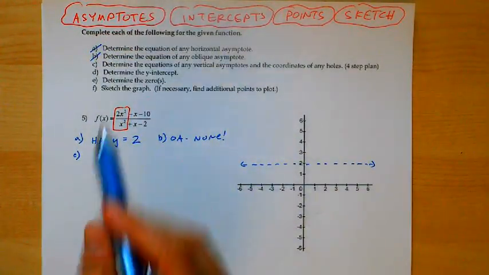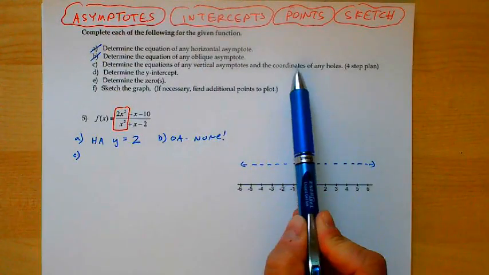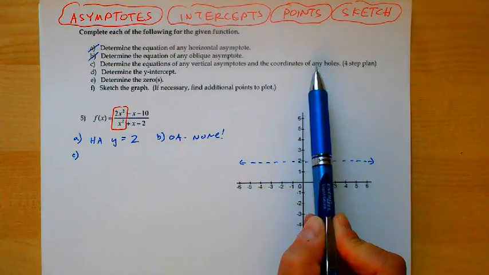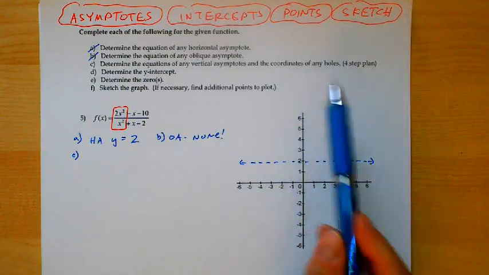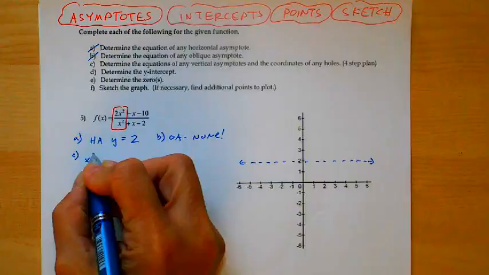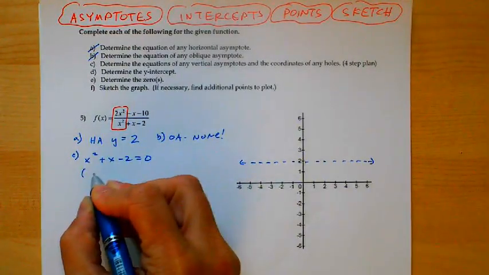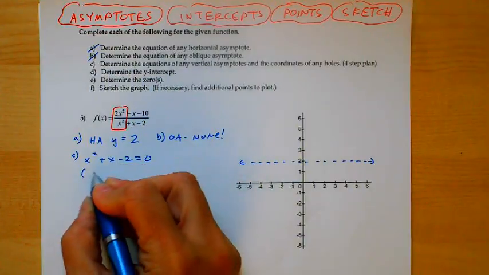All right, moving on. We're going to look for vertical asymptotes or holes. Okay, these are going to come from undefined values in the denominator. Let us take a look at the denominator. Give it a good factor.